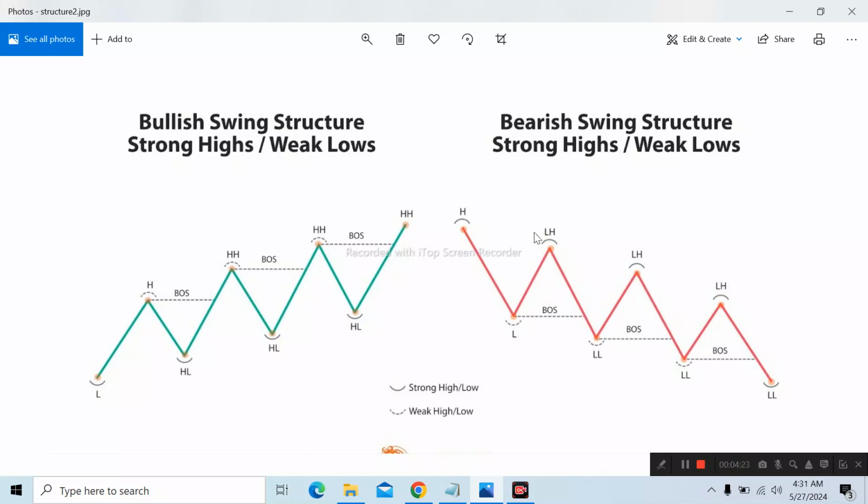With this we can identify that the new lower high created wasn't higher than the previous one. In that manner, you determine your bearish market structure.